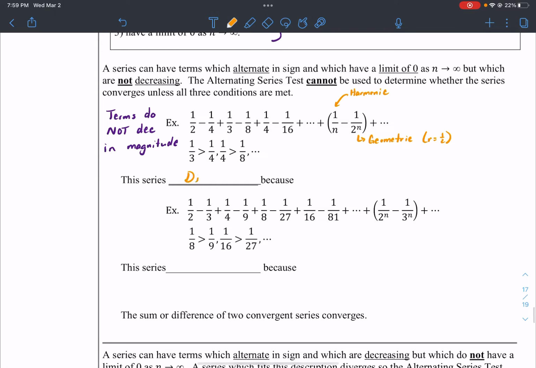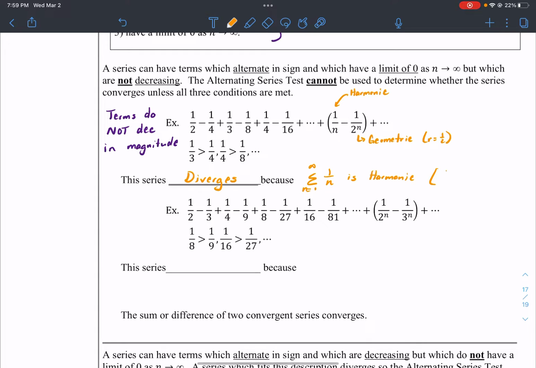So here we're going to say that this series diverges, and it diverges because it's harmonic, right? Because, let's rewrite here: n equals 1 to infinity, 1 over n is harmonic.